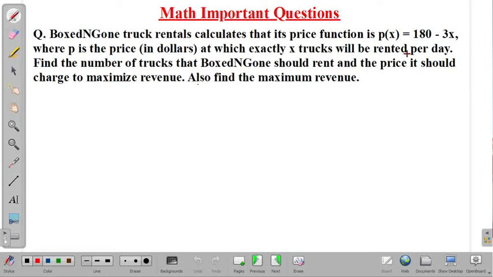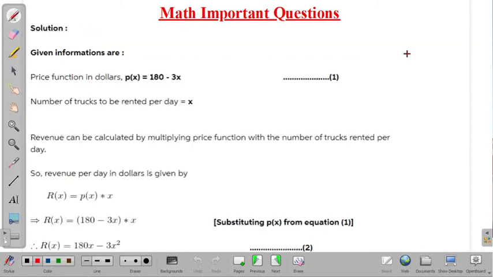See, P(x) is given. P(x) is the price function, 180 minus 3x, and the number of trucks is equal to x. Okay, so revenue can be calculated by multiplying P(x) with x, that is, price per truck into number of trucks.